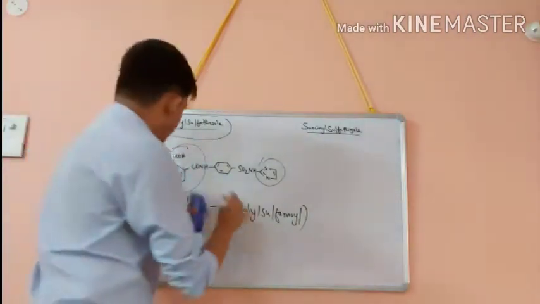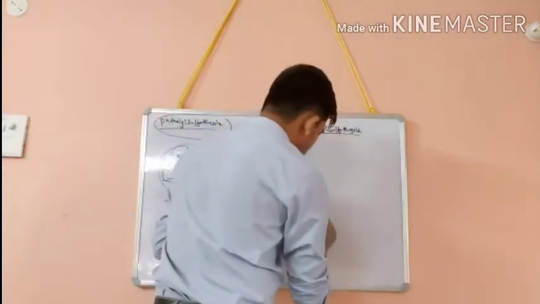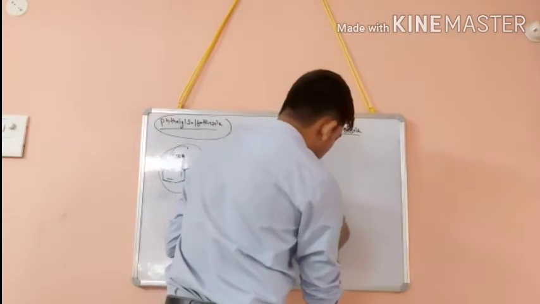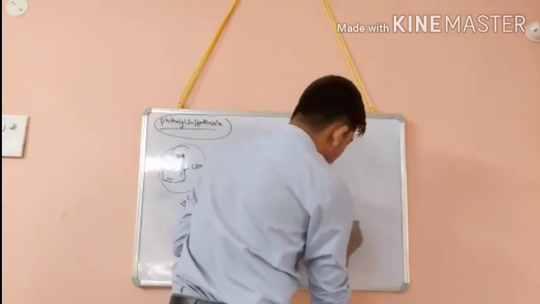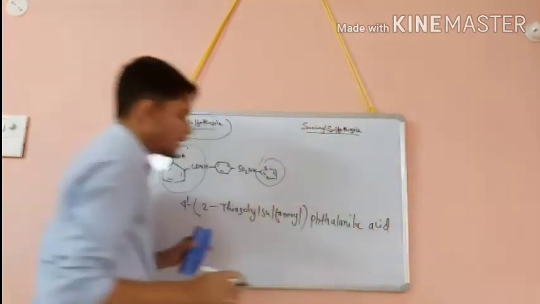Then what is this acid? It is phthalic acid, so phthalylanilic acid. Can we name it like this?